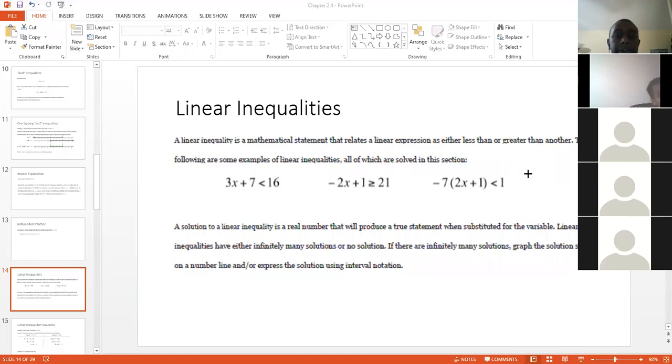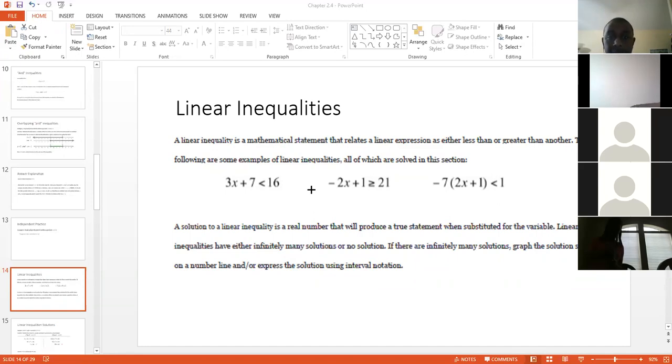We were working with equations and inequalities. They're in the form ax plus b equals c. But here we have ax plus b is less than, or greater than, or less than or equal to, or greater than or equal to c.